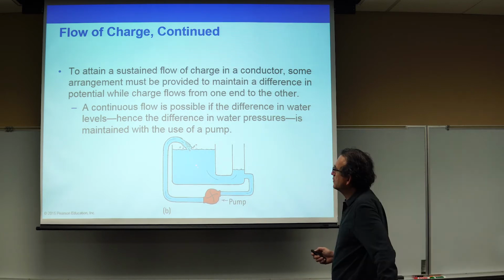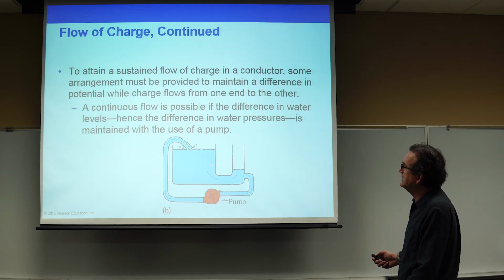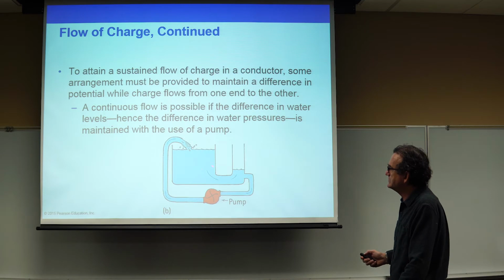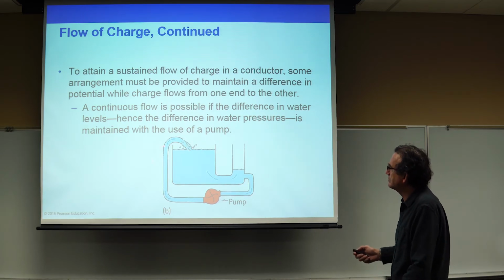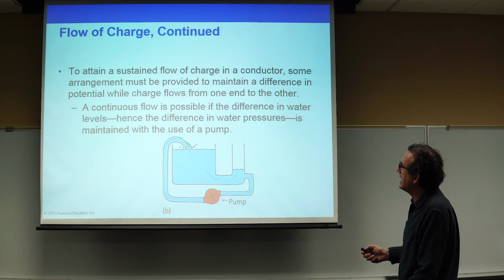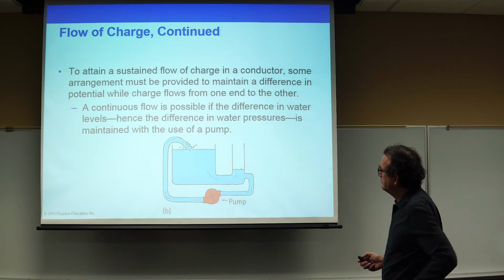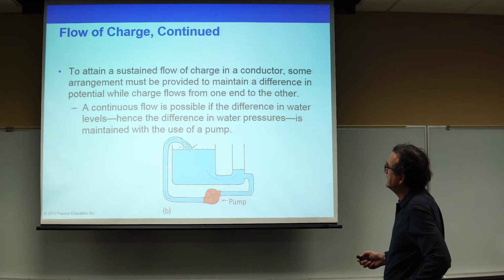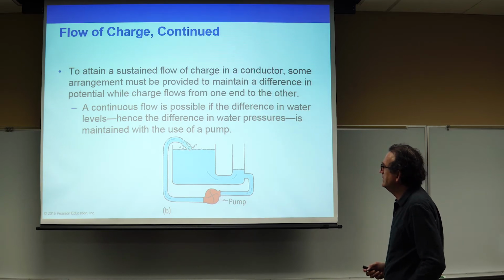As the water begins to flow from the higher potential to the lower potential, in order for the levels not to equalize to the same height, I have to continuously keep pumping water through to keep this potential higher than the one over here. When I do that, I will be able to maintain a stream of water current, because the pump is applying the pressure to keep the water flowing into the tank.